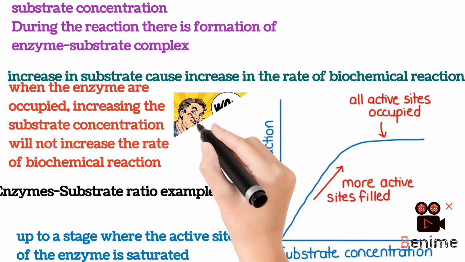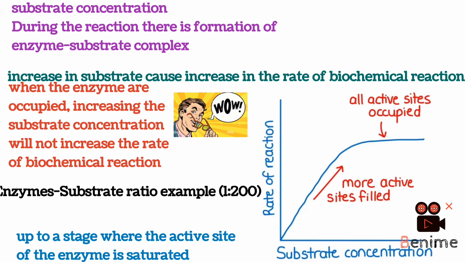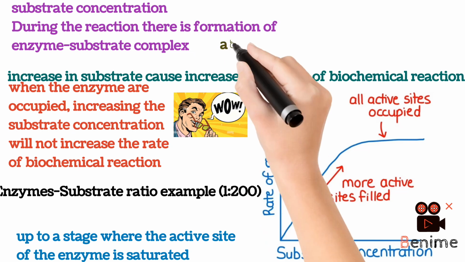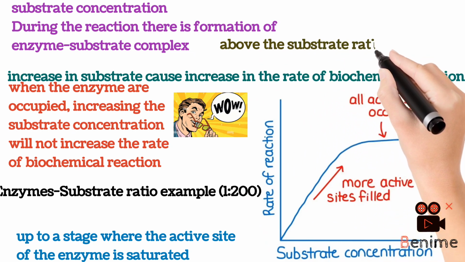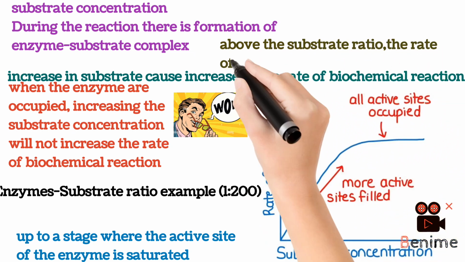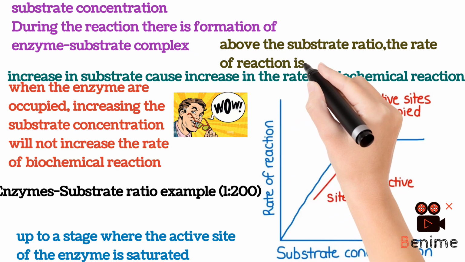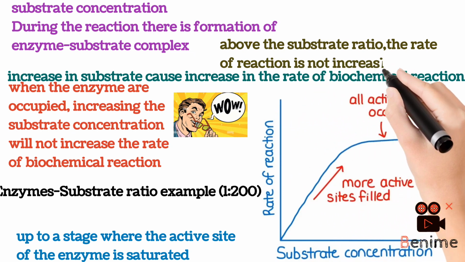So going above this ratio will not cause any increase in the rate of biochemical reaction for substrate concentration. Above the substrate ratio, the rate of biochemical reaction is not increasing.